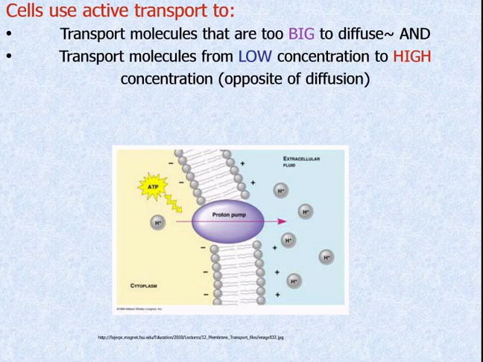It's going to use cell energy to keep those molecules back in, to pump them back in. So this is when they have to move the opposite direction of diffusion. So again, 2 times that the cell needs to use active transport. The first time is to just push big molecules that can't just squeeze across. The second time is to make molecules go the opposite direction that they would normally go via diffusion.